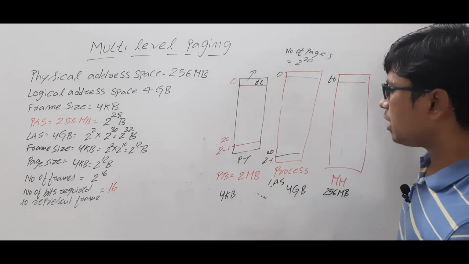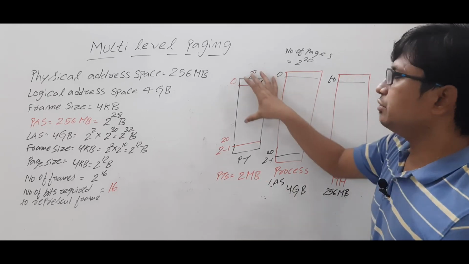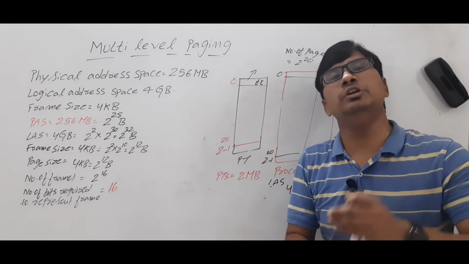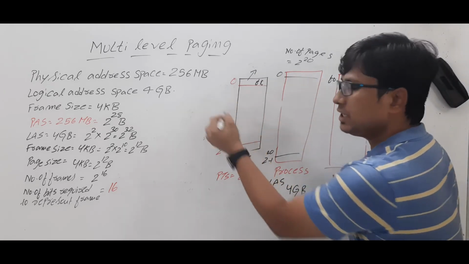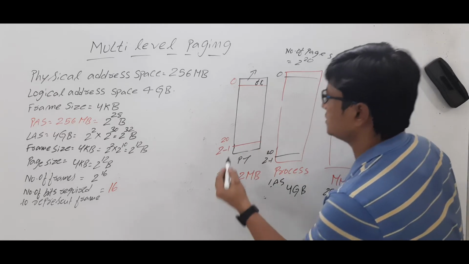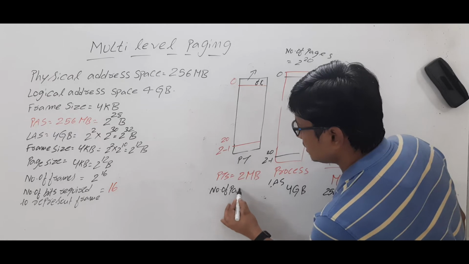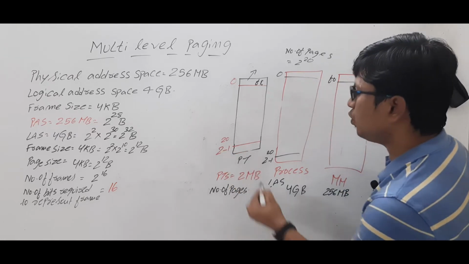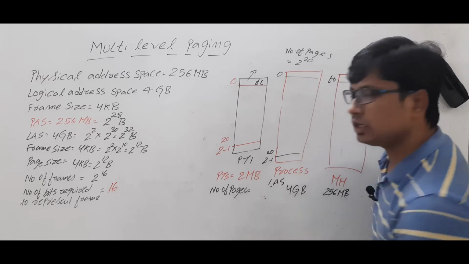So what we have to do? Again, we have to divide this page table into multiple pages. Is it clear? So now again we need to divide it into certain pages. So the number of pages in the page table, let me call it page table 1, the number of pages will be equal to what?